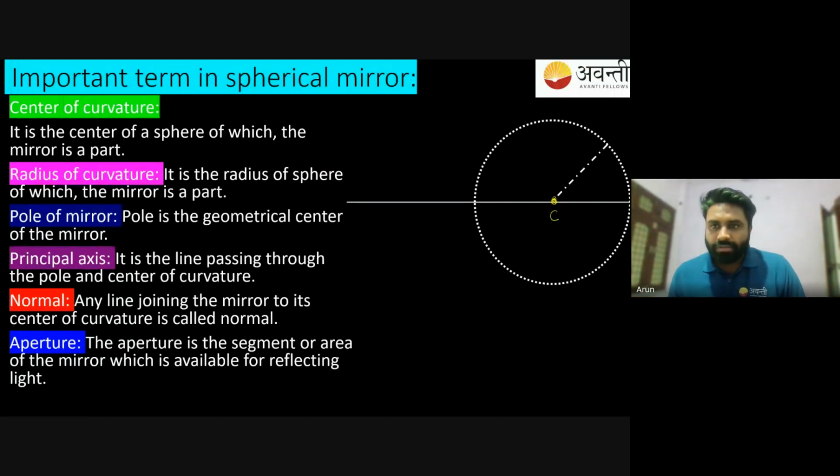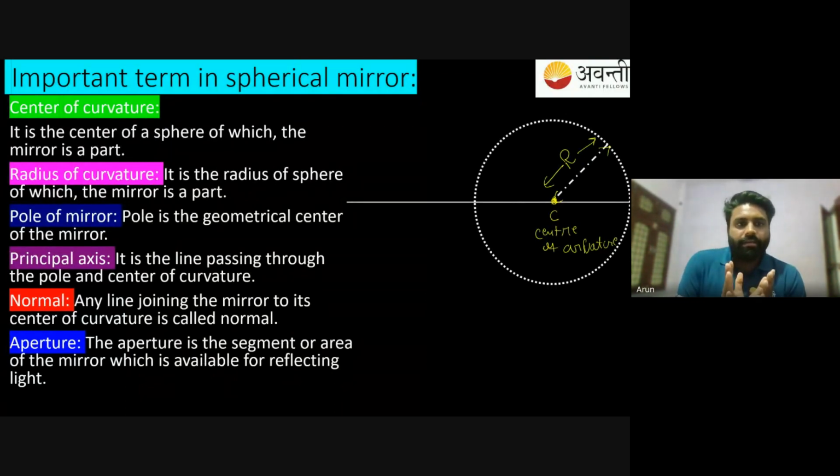So here this C is the center of curvature. The radius of curvature: obviously, this sphere has a radius. This radius is termed as the radius of curvature, the radius of the sphere of which the mirror is a part.